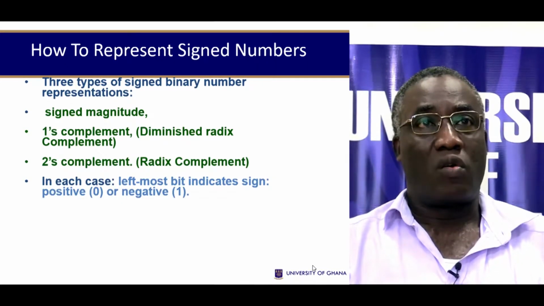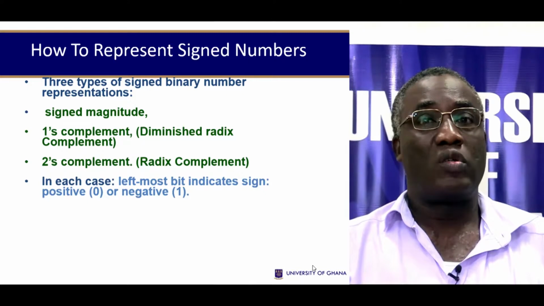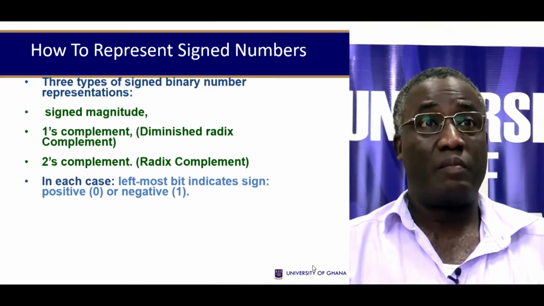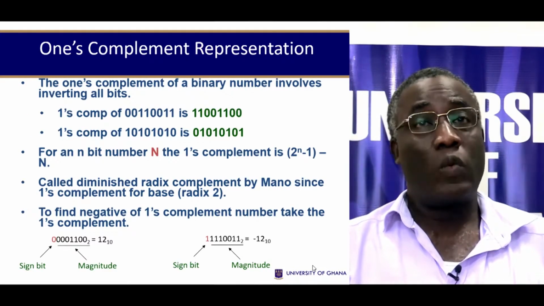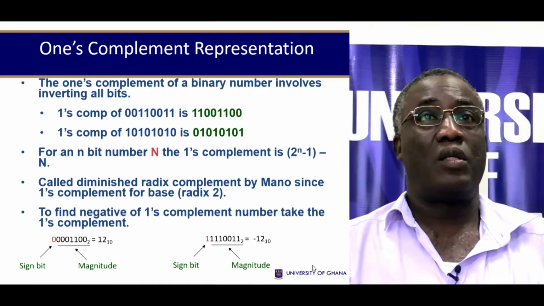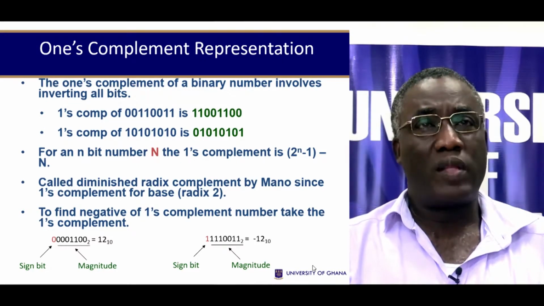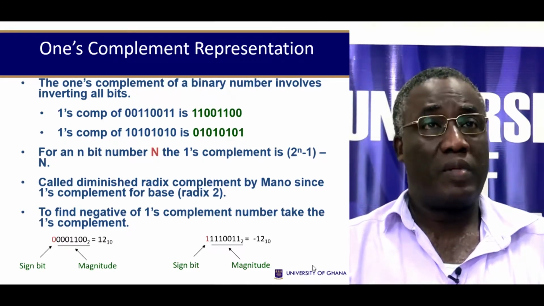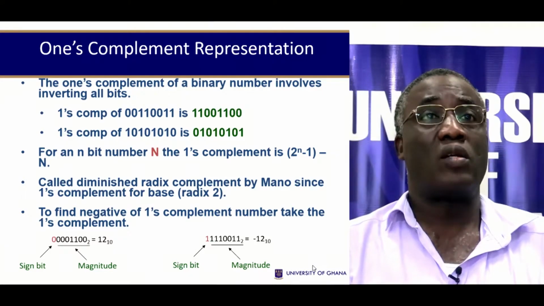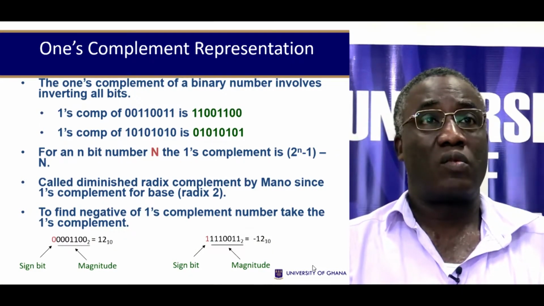We already came across this, that there are 3 ways in which you could represent signed numbers. So you have the sign and magnitude, the 1's complement, and then the 2's complement. So to get the 1's complement, we said you invert all the bits. So the 1's complement of a number is, you have the binary number, and then you simply change all the zeros into 1's and all the 1's into zeros, and that is all.